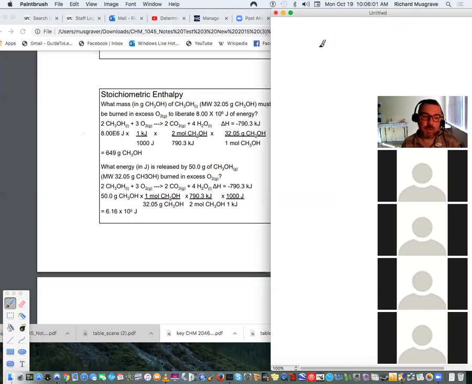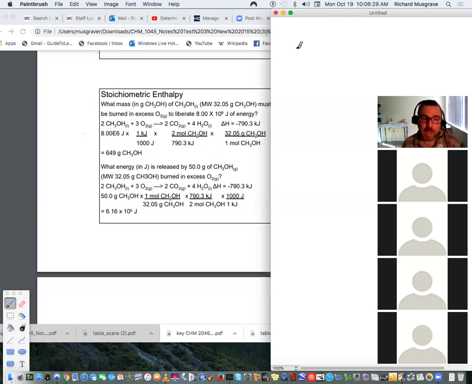The excess O2 is important because it means the methanol is the limiting reagent. We have enough oxygen to burn all of the methanol. It's not like we're depriving the situation of oxygen so that we can't burn every bit of methanol. That's what the excess is indicating. It's not really germane to the problem though, as it turns out.